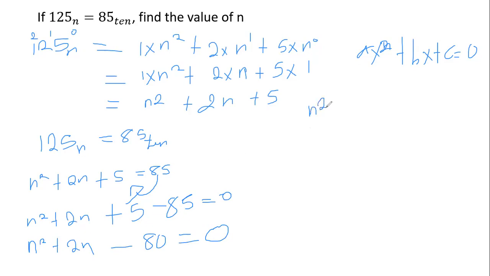Let me write it here: n squared plus 2n minus 80 is equal to 0. We are going to get two numbers that we multiply to give us negative 80, and when we add them, give us 2. So what could be those numbers?